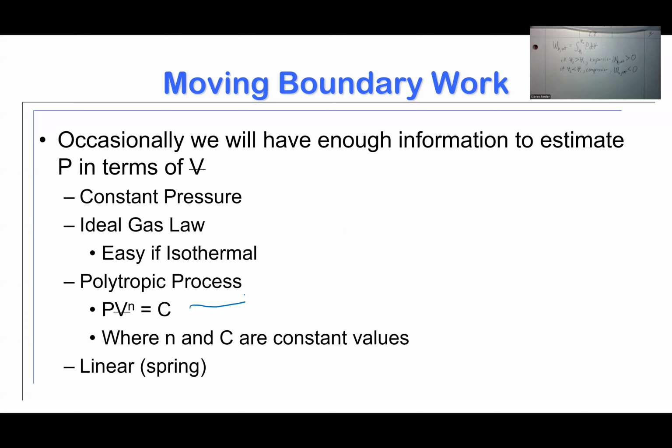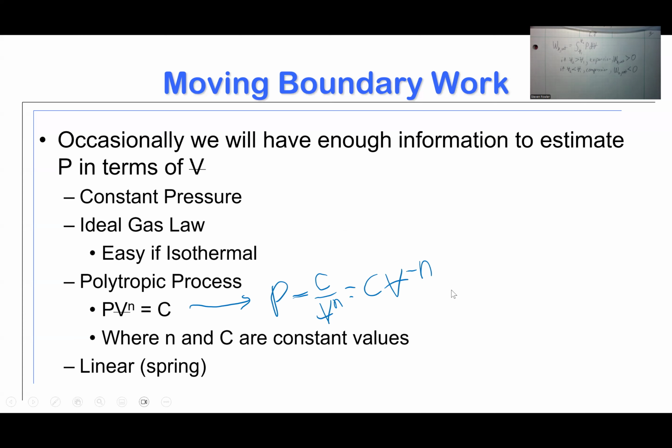And that means P, if I solve for P so I can plug into my integral, is C over V to the n, or C V to the minus n. Either of those are just fine.